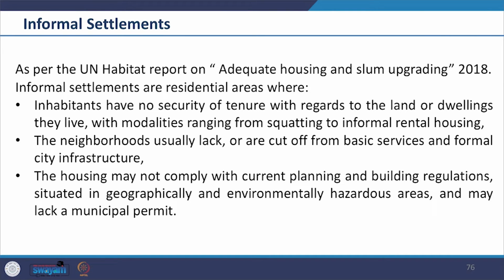So for example, if all of us get water supply, probably that neighborhood would not be getting the water supply. So there's a disconnect of services. Third, we see housing may not comply with the current planning and building regulations, situated in geographically and environmentally hazardous areas, and may lack a municipal permit. So these houses might not follow the building bylaws.